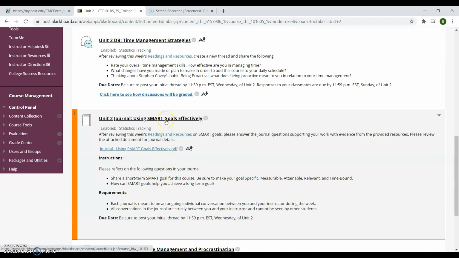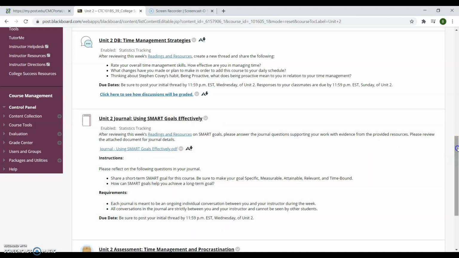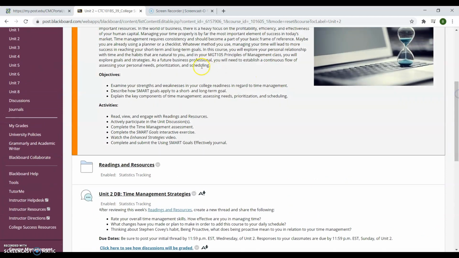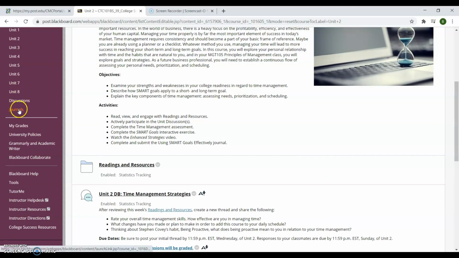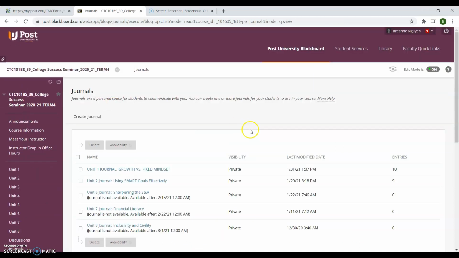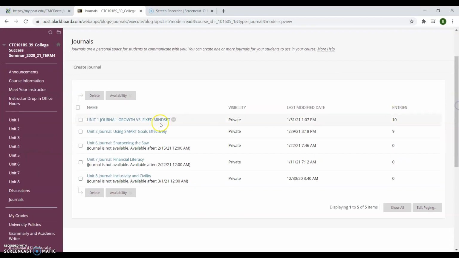So again, this is one way to access the journals. Another way to access the journals is if you're looking at this pane here on the left side, you can click on Journals, and this will take you to the journals. If you look here, there are 5 weeks that journals are due. We already did Journal 1 and Journal 2, so we did week 1 and week 2.